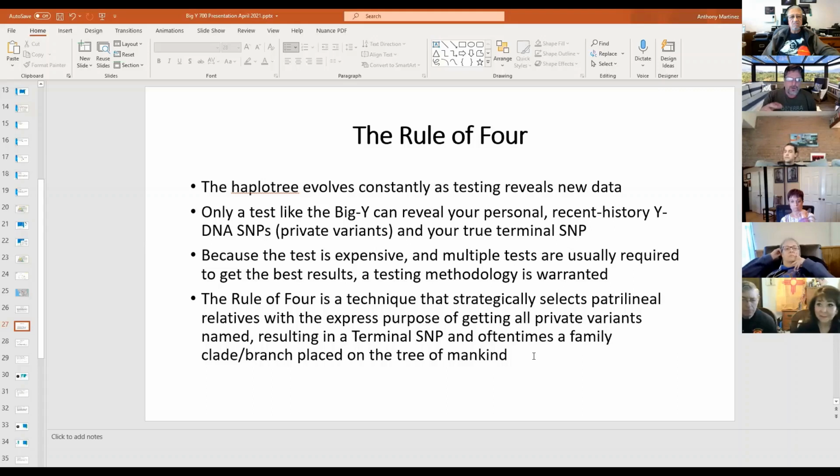I'm not going to spend money on a big Y for my brother or my dad to take the test. So that's David Vance's position, and it's a perfectly legitimate position. For me, I don't have the luxury. I'm from that half of the tree that's undeveloped, and I'm going to take every test I can. So I'm just speaking for myself.